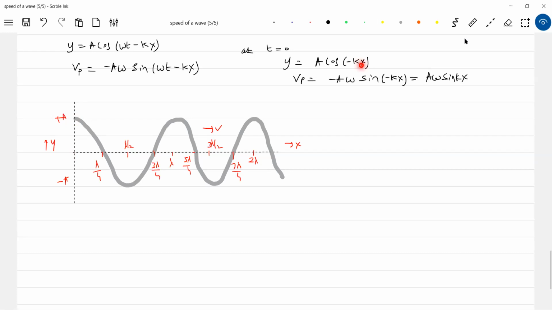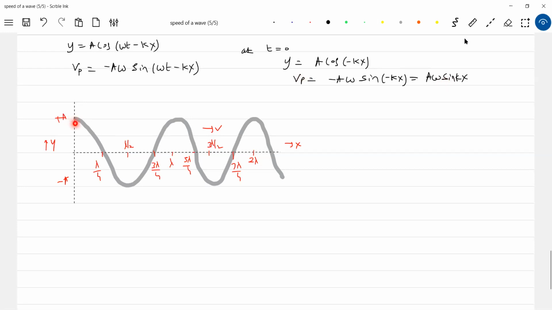At x equal to lambda by 4, it should be 0. Okay, I think justified. Cos of minus theta will be cos theta. I need not bother. Or if you want, you write a cos kx. But we know the state of the particle here. At x equals 0, the particle should be at rest, no? According to this, the speed.